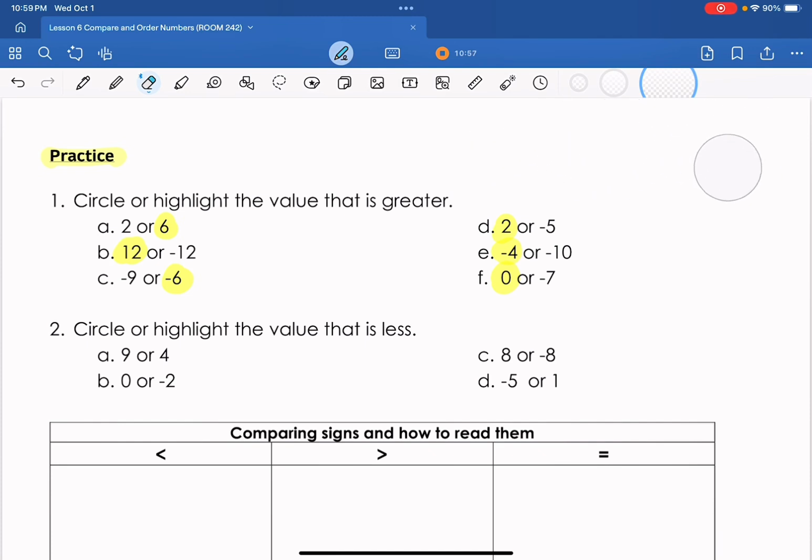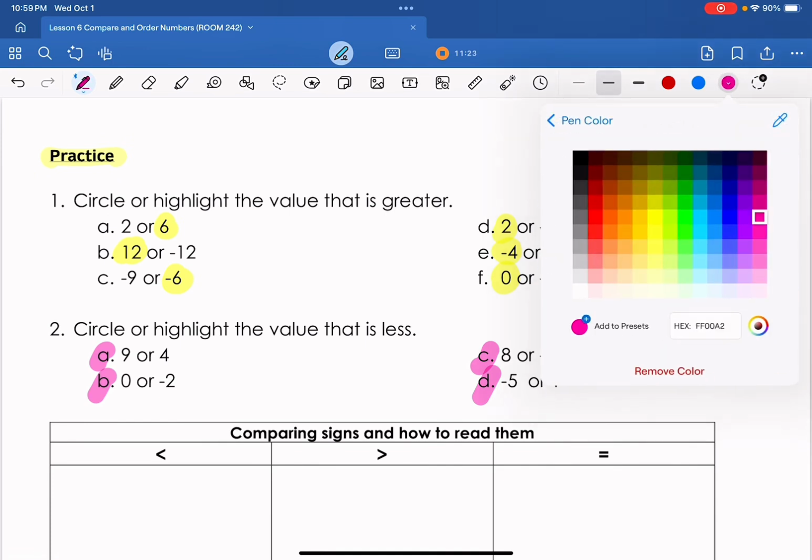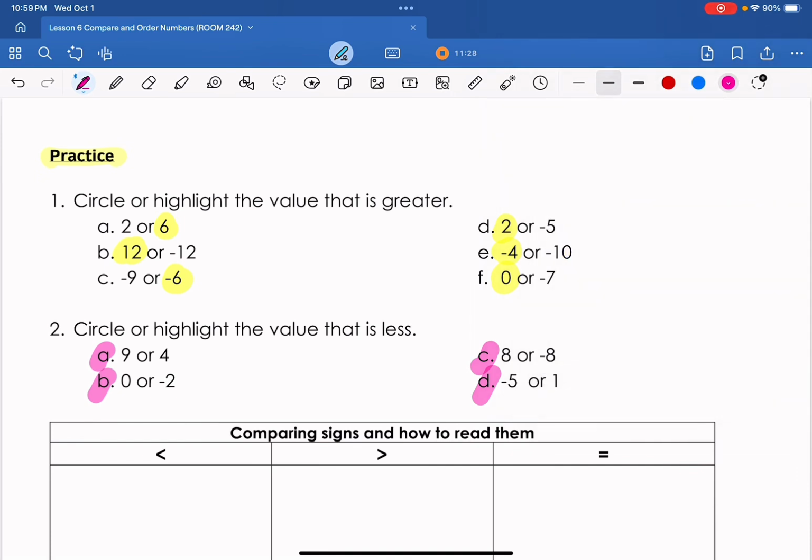All right. I want you to pause the video and try to do A, B, C, and D by yourself. Okay. So, if you did A, B, C, and D by yourself, we're looking for the value that is less this time.